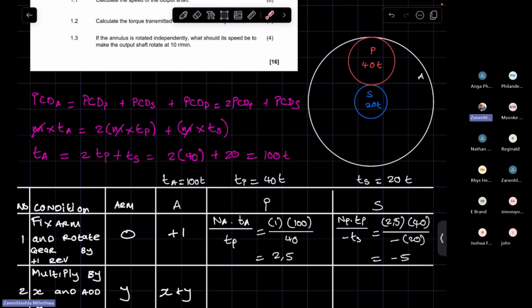Taking this as our annulus, it will always be going clockwise. If this is going clockwise, that's definitely going clockwise. If this is going clockwise, this is definitely going anti-clockwise. So for the first condition, when looking at a typical epicyclic gear system, this, as far as direction, will always be the case.